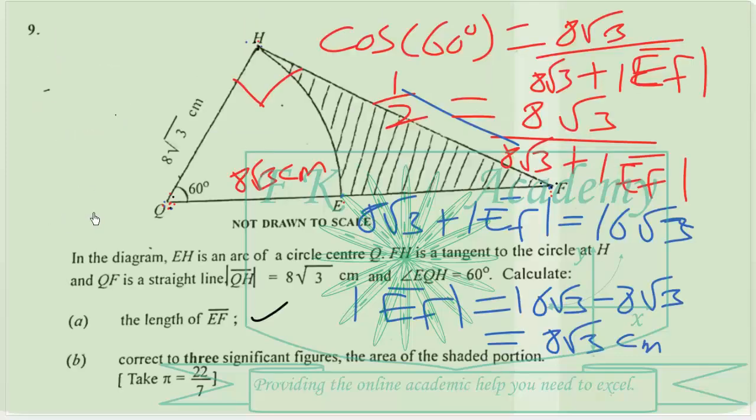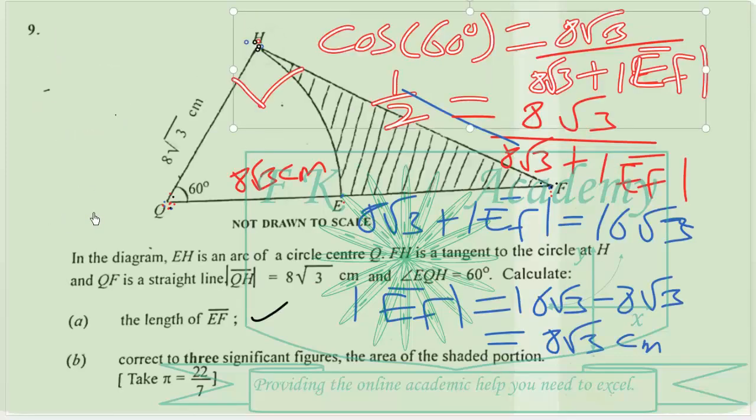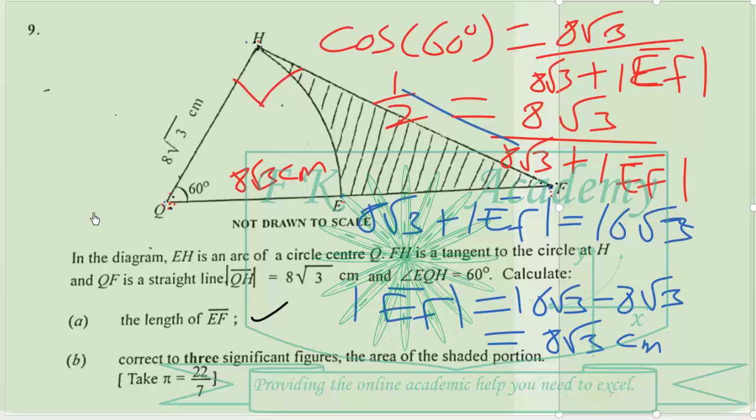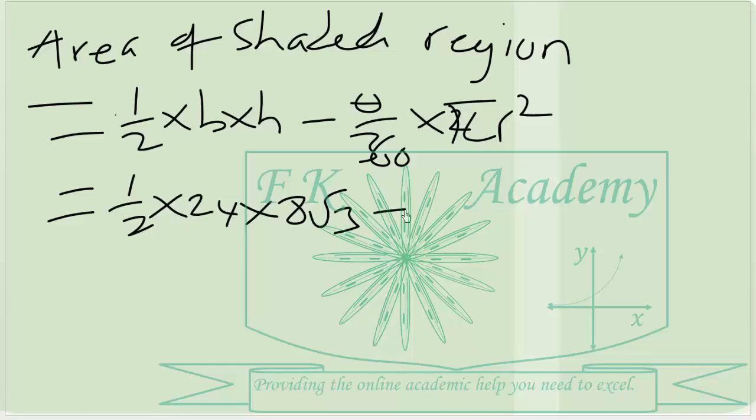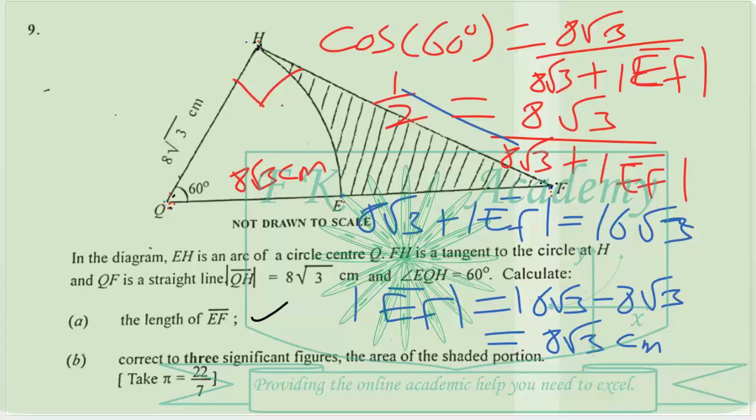So the base is 24 centimeters and the height is 8 root 3. So that will give us 1 over 2 times 24 times 8 root 3 minus theta. Theta is 60.